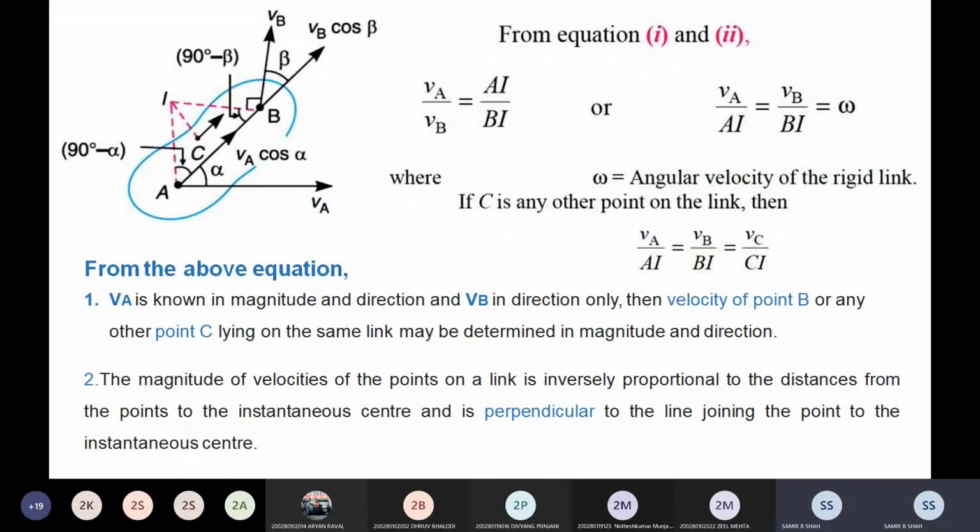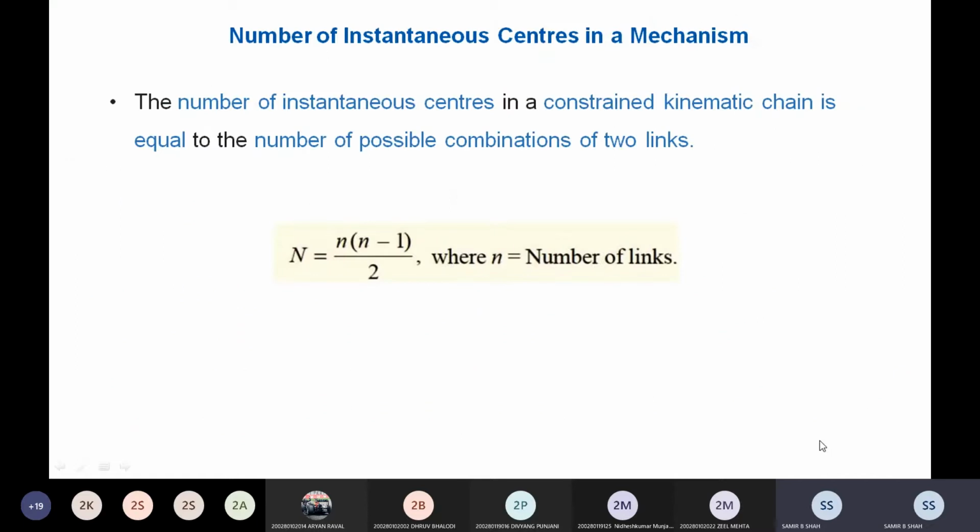I repeat, the magnitudes of the velocities of the points on the link are inversely proportional, as you can see here with AI and BI, to the distance from the point to the eye center, and the velocity is also perpendicular to the line joining the point to the eye center.